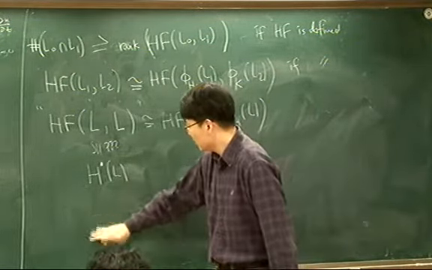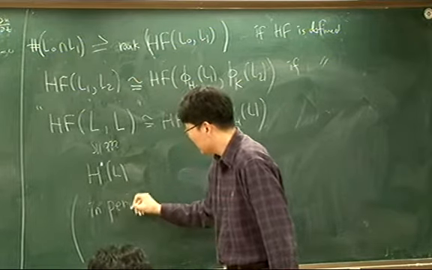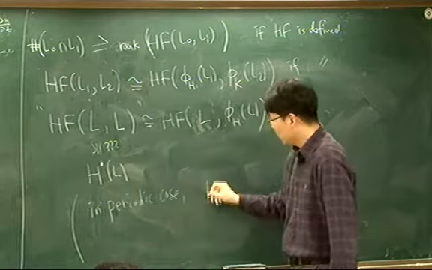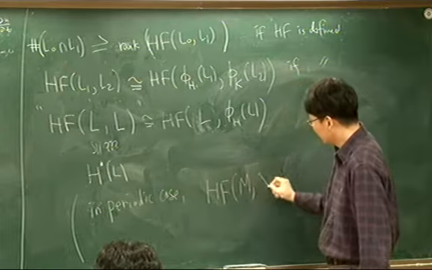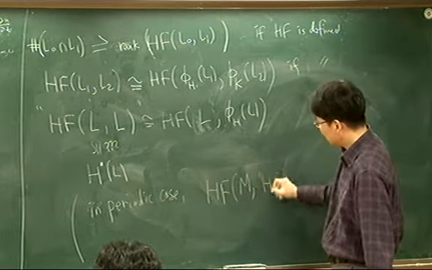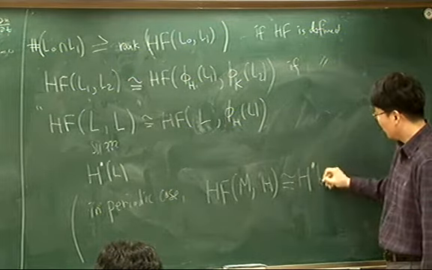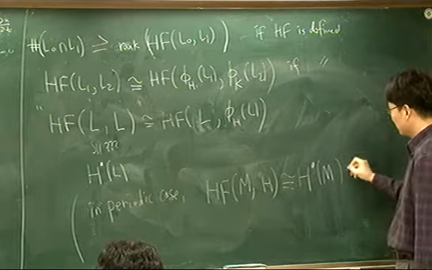The reason for this is that in the periodic case, the Floer homology of M and this Hamiltonian function H is always isomorphic to the ordinary homology of M, which is not 0.